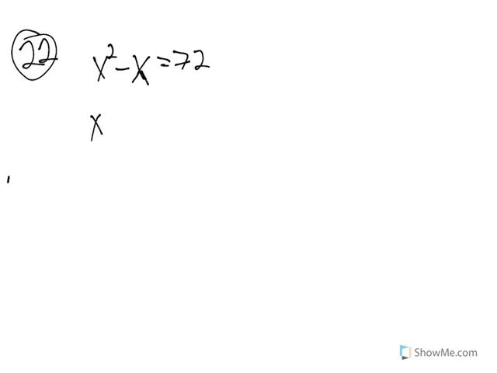All right. Number 22 just says solve by factoring. So x squared minus x equals 72. The first problem is that to factor, you should have what on the right-hand side? You should have a 0. So go ahead and move everything to one side, and this makes life a little easier.